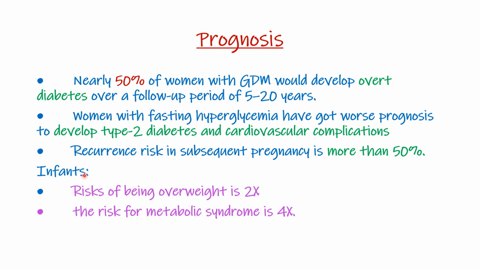Recurrence of gestational diabetes in a subsequent pregnancy is more than 50%. In addition, infants born to mothers with gestational diabetes have a twofold risk of overweight and a fourfold risk of metabolic syndrome.